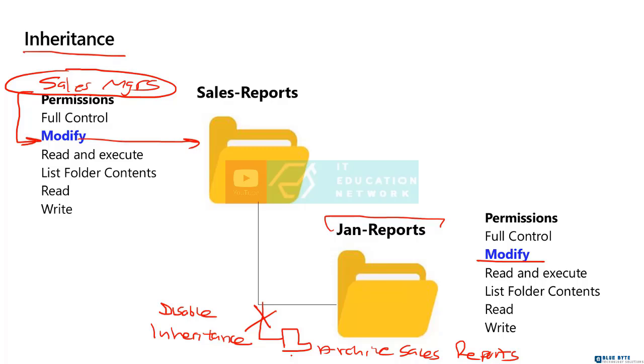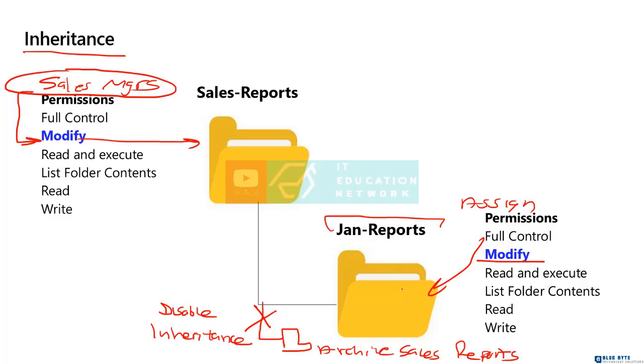Now, a few other characteristics. I said my January reports folder would inherit permissions from sales reports, which is true. But you can also still assign permissions here. So if I wanted to add another group just to the January reports folder, I could still go to the January folder and I could still assign permissions.